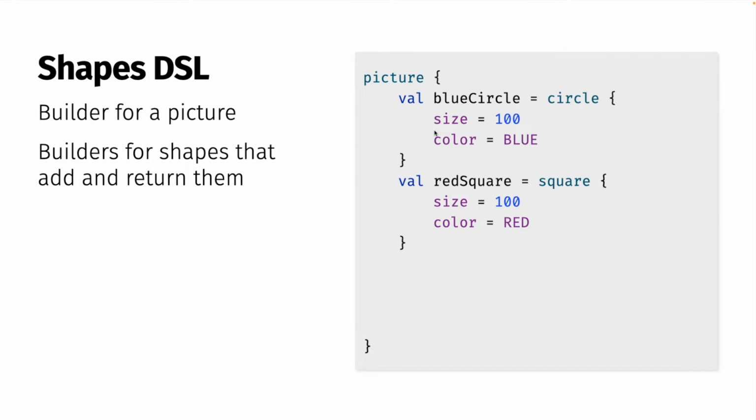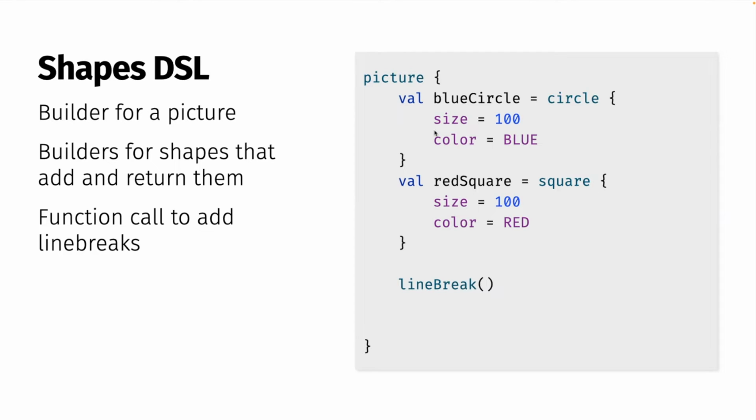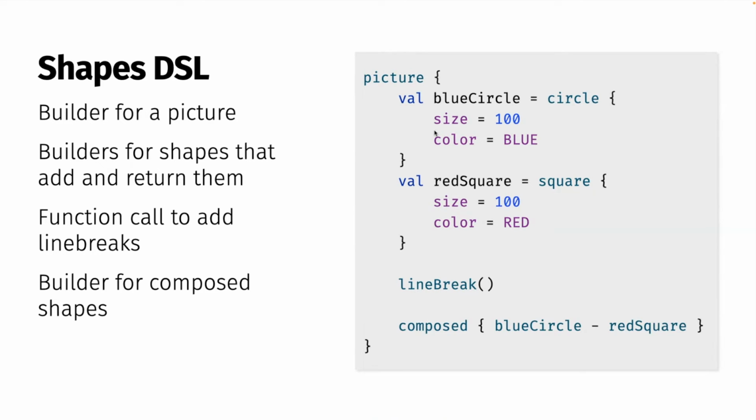We assign them also to variables. Then we can just call a function to add a line break in the picture. And then we can also create composed pictures. And instead of just saying difference, we can just use minus. And we're going to see how to do this in Kotlin. And in the end, we can just call paint.